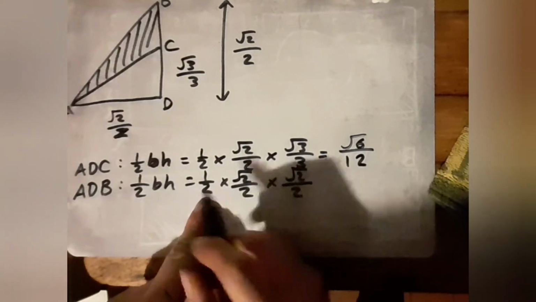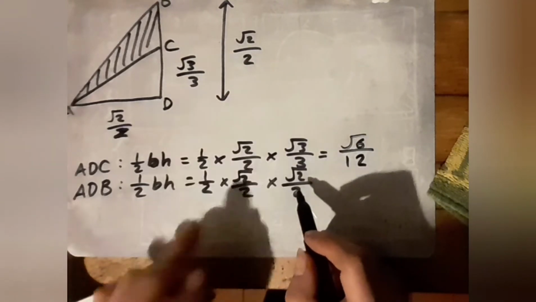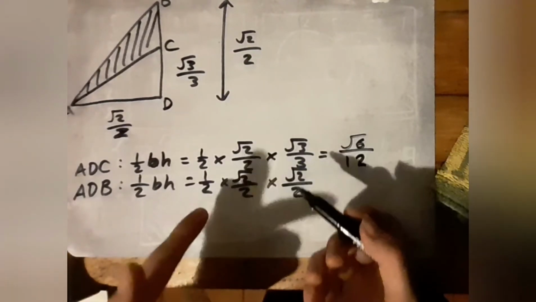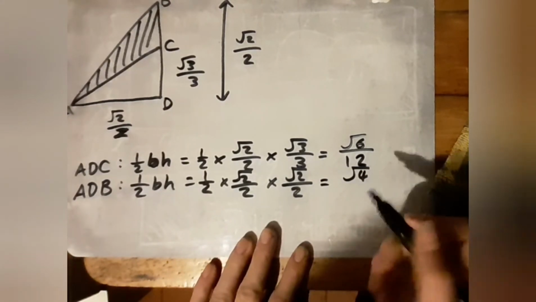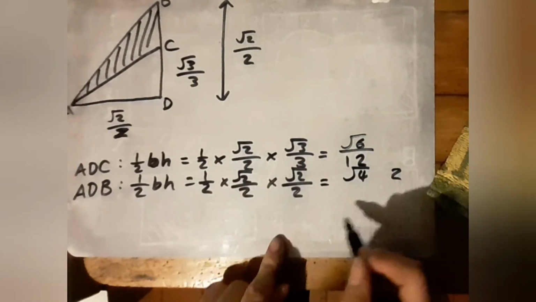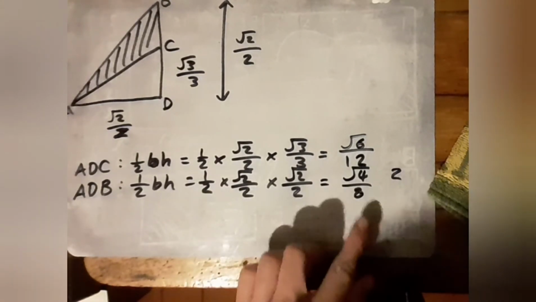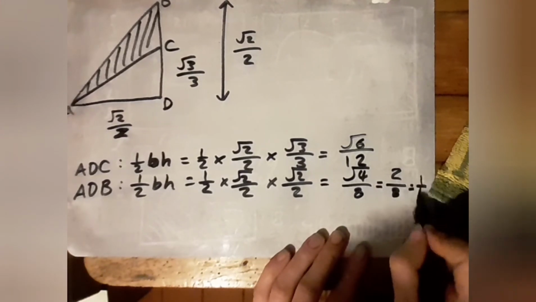But again, same thing, 1 times √2 times √2, and same as before, if you multiply a root by itself, it's essentially squaring a root, which cancels out, so we just get 2 over 2 times 2 times 2, or 2 cubed, which is 8. So 2 over 8 is 1 over 4.